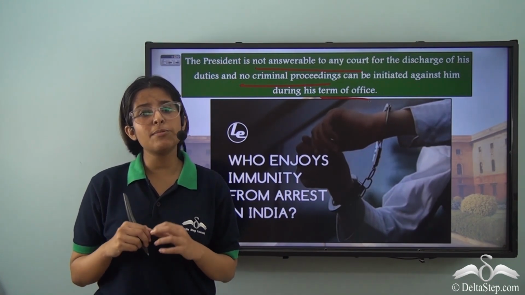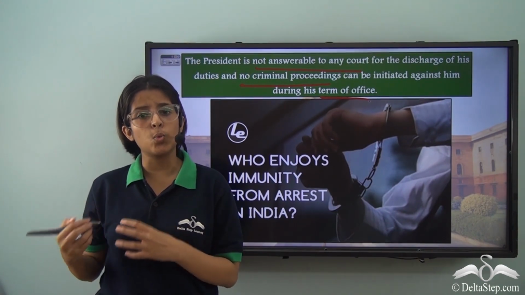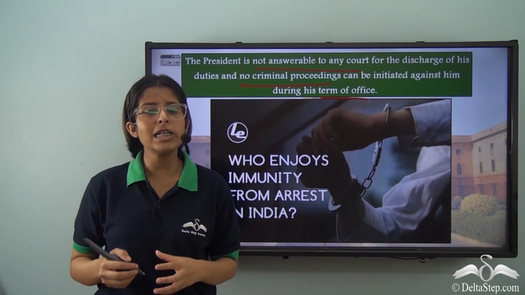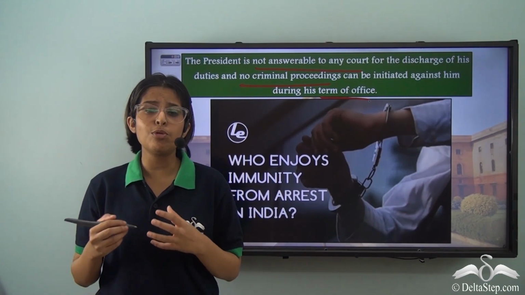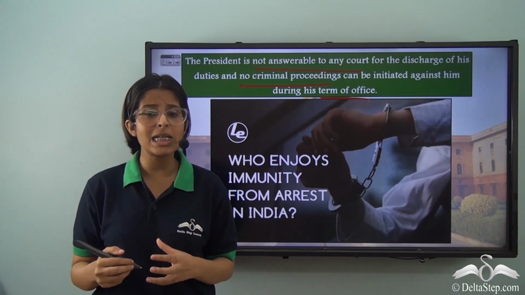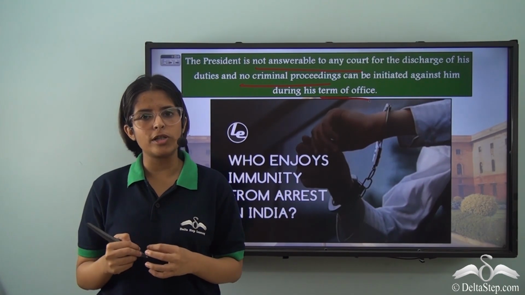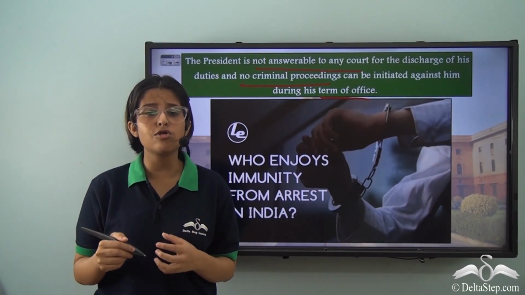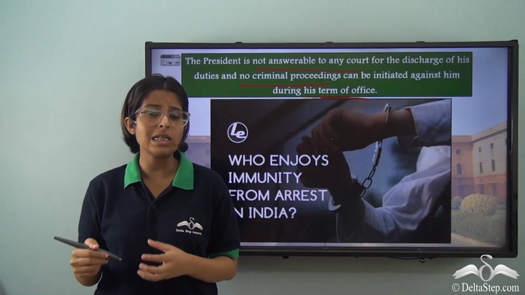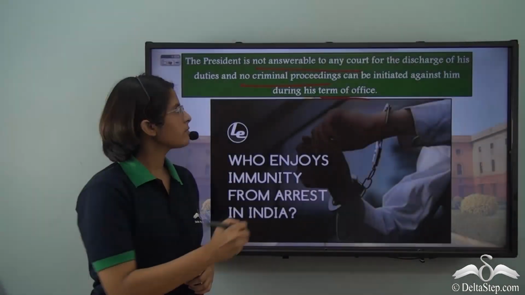It is because the President is the nominal head of the country and he has to work according to the advice of the Council of Ministers with the Prime Minister. Whether the President likes the advice or not, he has to work according to that, because that is said in the Constitution. So do you think that the President should be legally held responsible for something that he is supposed to accept as bound by the Constitution?